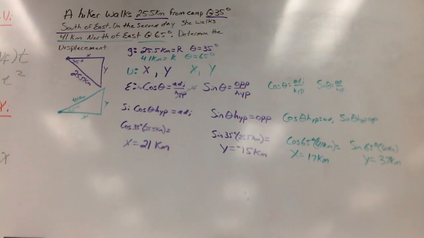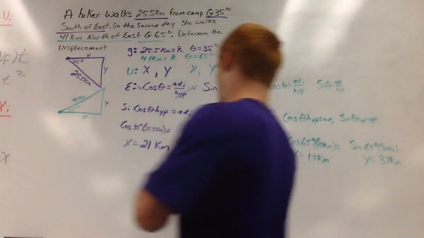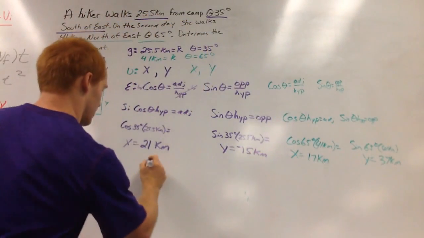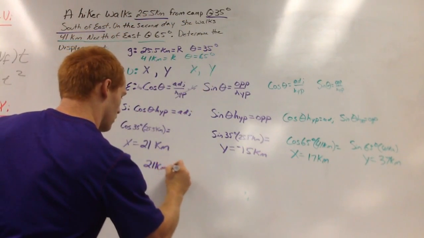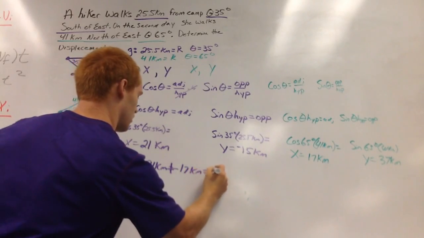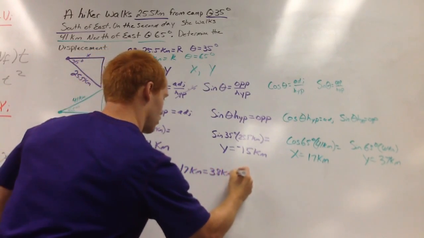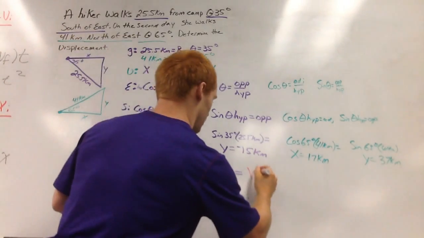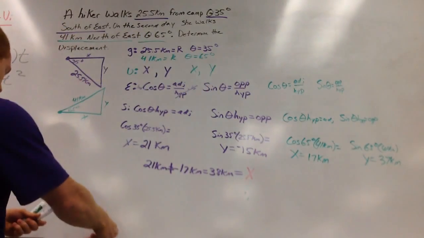Now step 3 is add all your x's, add all your y's. So we're going to take 21 kilometers plus 17 kilometers, which gives 38 kilometers. This is our x value. I'm going to draw that in a different color because it's going to represent a new triangle.